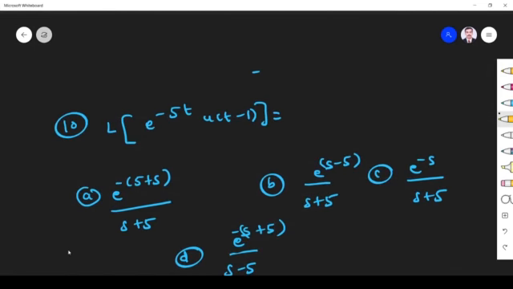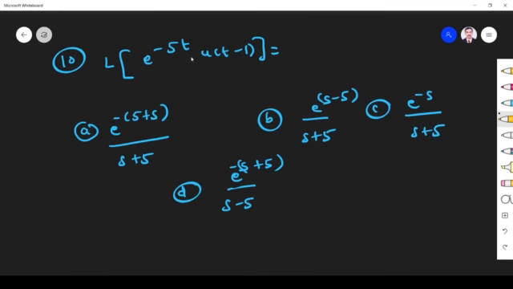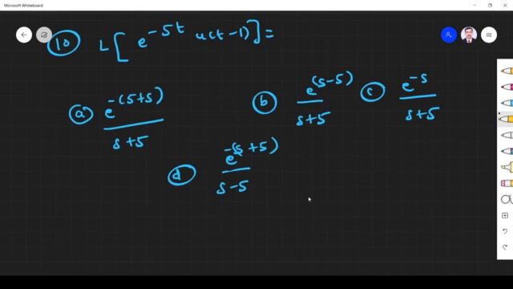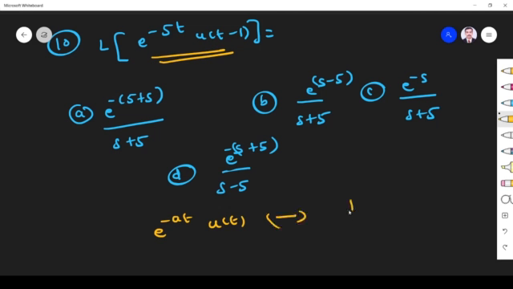Okay, next one. What is the Laplace transform of e power minus 5t u of t minus 1? So again we apply a property. We know the format e power minus at u of t, which has a Laplace transform of 1 by s plus a. Here we have 5, so it becomes 1 by s plus 5.